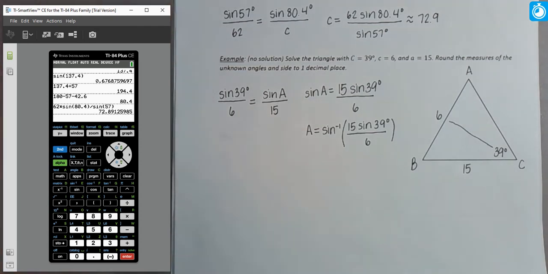So just like with the previous example, don't try to plug all this in at one time. It's a bad idea. Plug in a little bit at a time. Just start by evaluating the expression inside the inverse sine. So 15 times the sine of 39 degrees divided by 6, and that's going to give us about 1.6, and so we're taking the inverse sine of that.